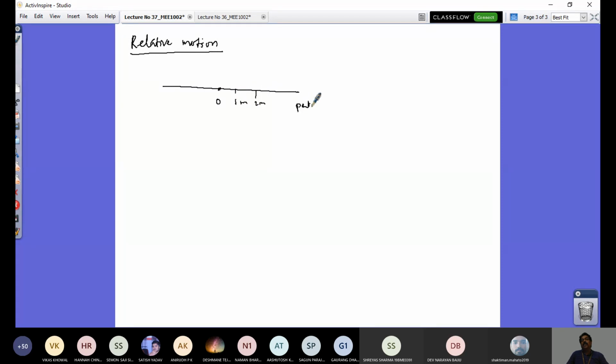This is path, so x direction. Or it can also be vertical motion, like bullet fired vertically up and it goes and comes, that's y direction. So I can have this as my reference. Here this is my reference, 0, 0. So here it's only x coordinate, here only y coordinate. These are called a rectilinear translation.